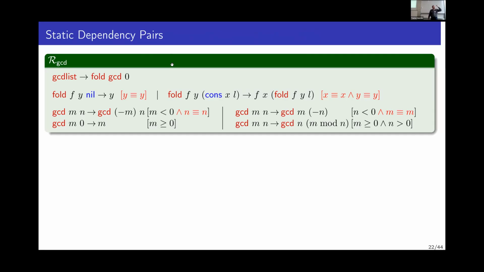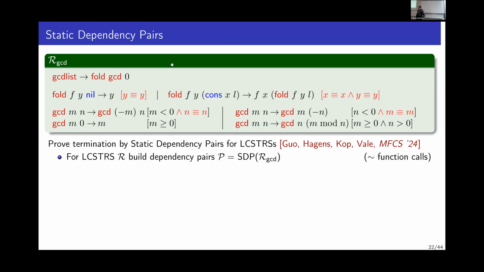So to analyze termination of a rewrite system like this one, which consists of the GCD list rules, including fold and GCD, the standard approach to prove termination is using dependency pairs.